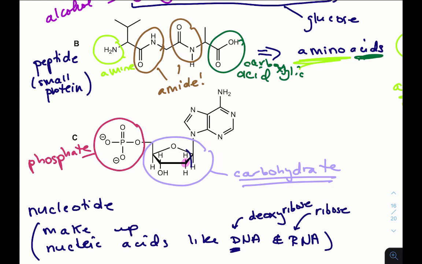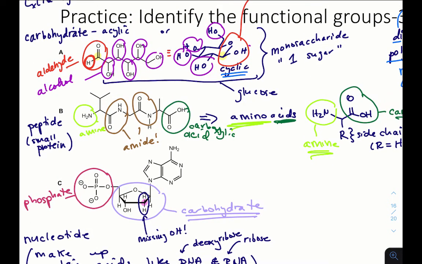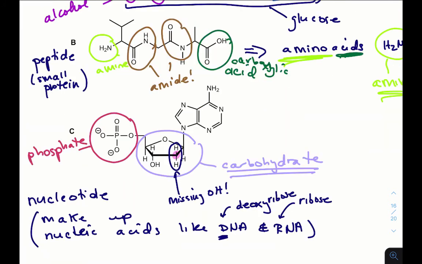So in DNA, you're missing the hydroxyl on that carbohydrate, right? Because every carbon in the carbohydrate should have a hydroxyl. Look back at big glucose up here. Every carbon should have a hydroxyl. So if it's missing the hydroxyl, it's DNA. If it's just normal old ribose with all of its hydroxyls, then it is RNA.